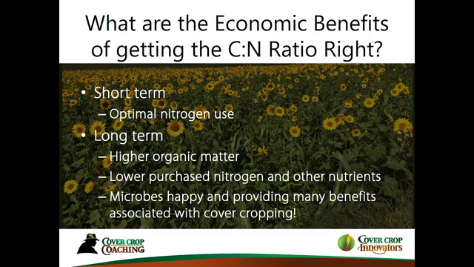If we're talking about using a low C to N ratio crop like hairy vetch that actually provides nitrogen, yes, lower nitrogen use. But if we're talking about a new field where we're trying to adopt these principles, and we're going to plant corn in that, and we had to plant cereal rye in the fall, you may have to use more nitrogen in order to grow a corn crop that is actually economically profitable. I could probably show you data to back that up. So that's why I say optimal nitrogen use.